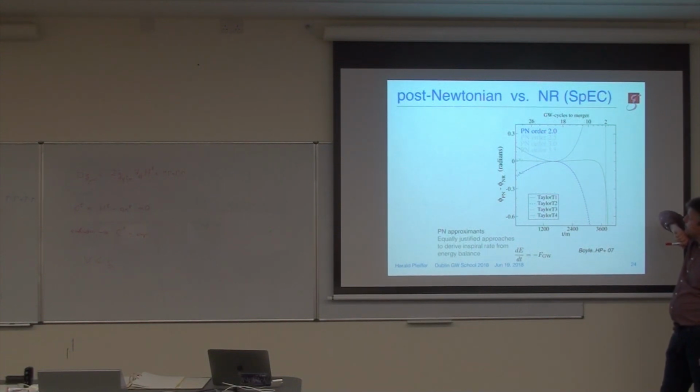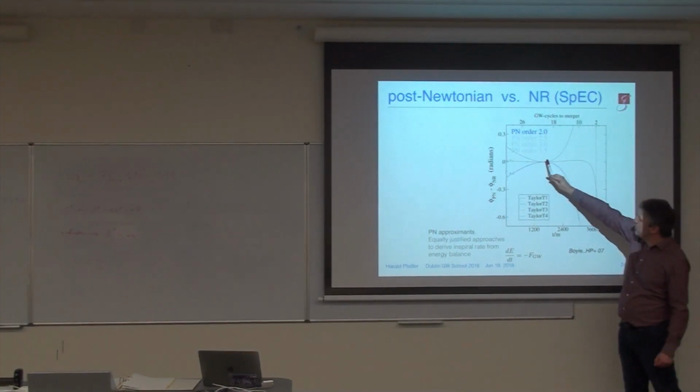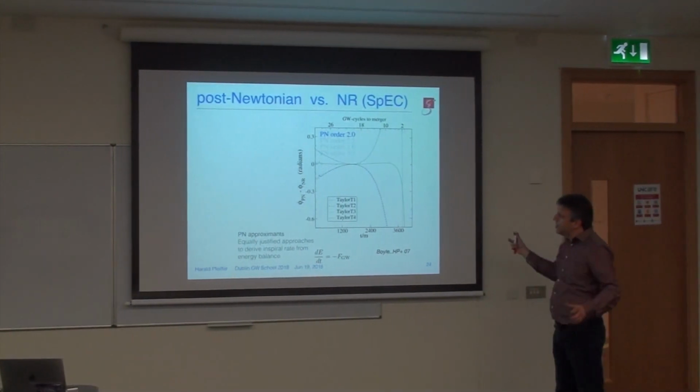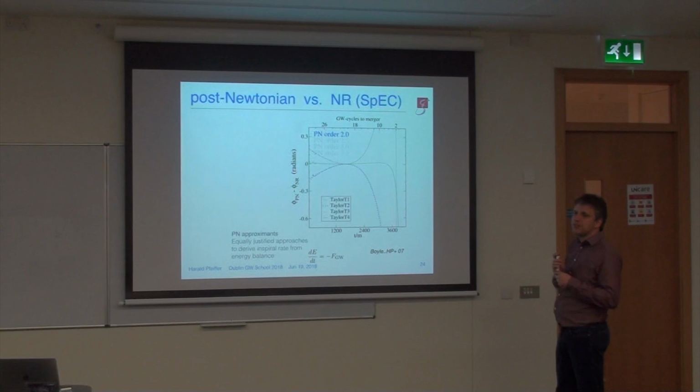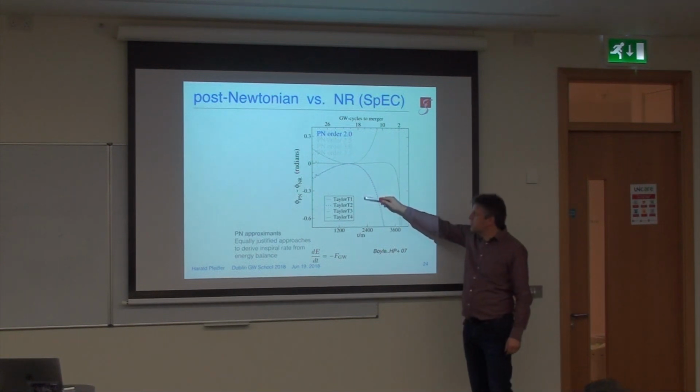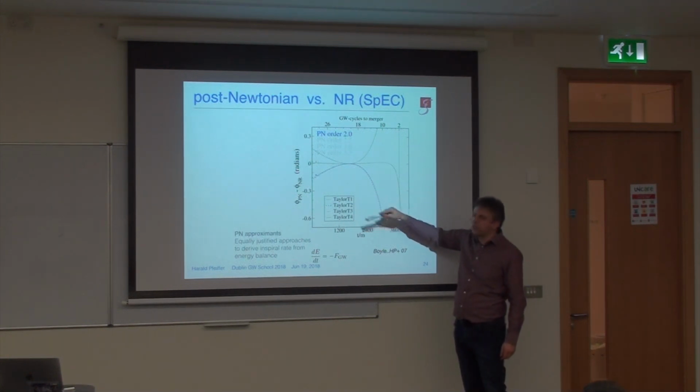And the game we are playing here is that at this point, about a third into the simulation, we were aligning phases, frequencies, and so forth in the numerical simulation with a bunch of different post-Newtonian approximants, Taylor T1 through Taylor T4.